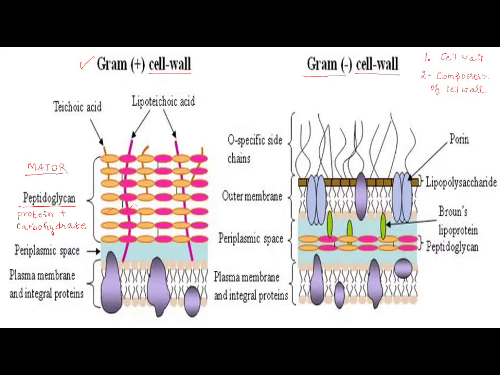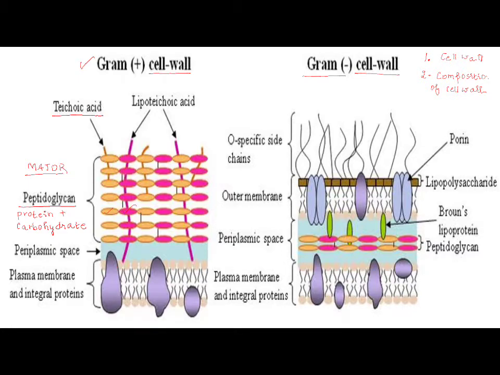How does that affect? Then you can see we have the thread-like structures running through. I have a pink one running through the pink blocks and a pink one running through the yellow blocks also. And the yellow one is called as teichoic acid. What is teichoic acid?